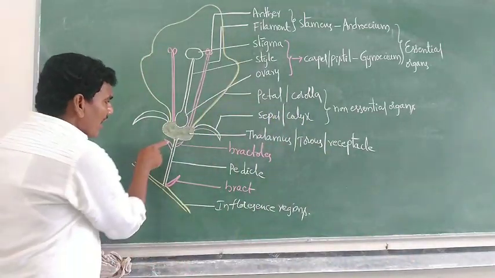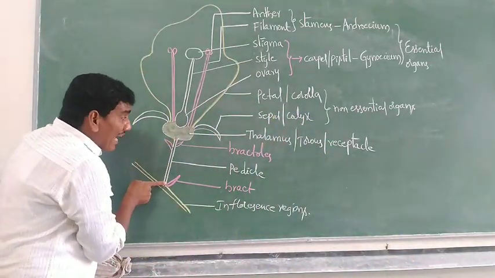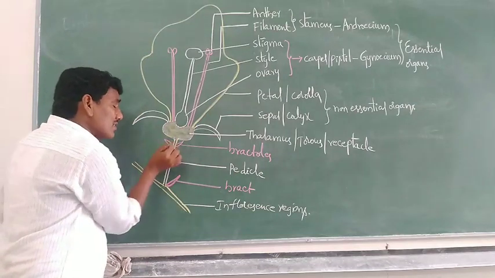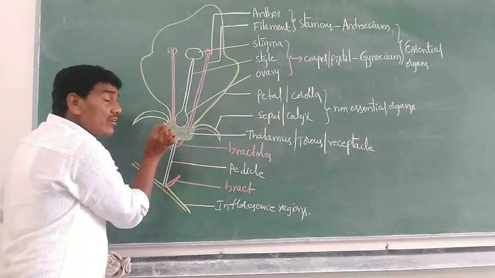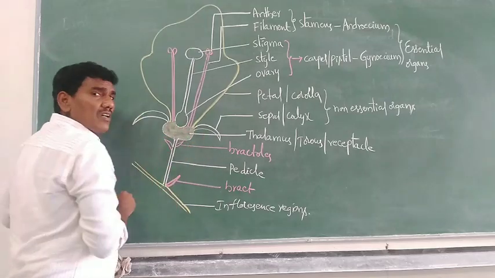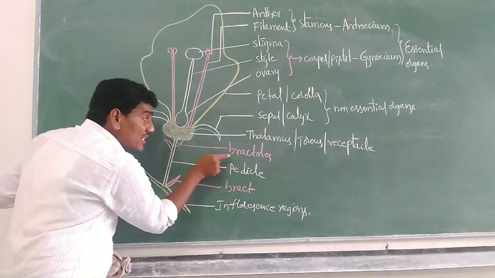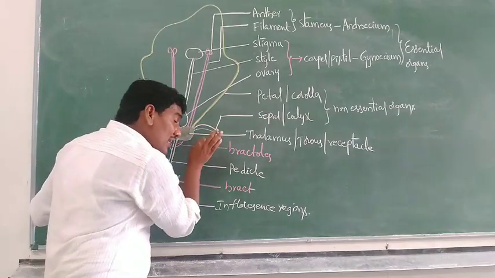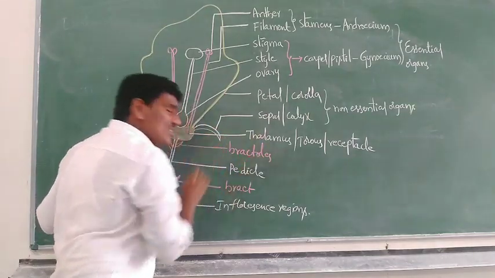Next one, in between the bract and thalamus region, some small leaf-like structures are present. Those leaf-like structures are known as bracteoles.